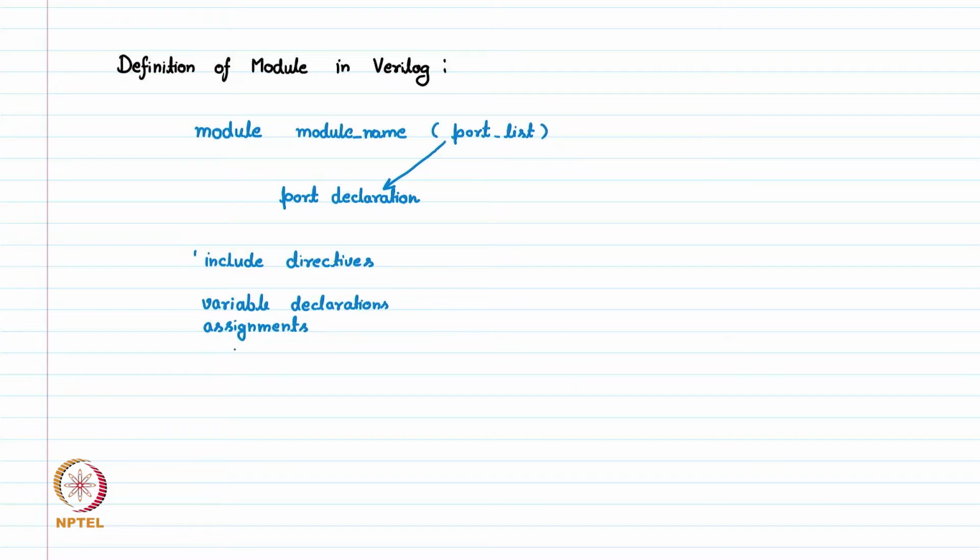We can even call a lower level module also in this module. For example, if we are making a complete ALU here, this module will be ALU, and in ALU we can use NAND or NOR gates, so we can call them here. That is called the lower level module instantiation.